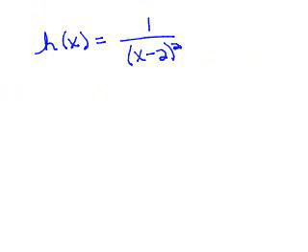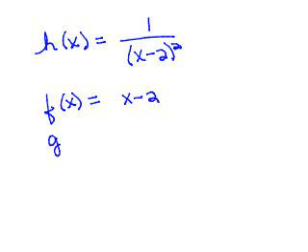So we can, let's say, f of x will be the inside function. Okay? So what I would do first is take a value and subtract 2 from it. And then, after I get that value, I would square it and then divide it into 1. So you see how this is a possibility of those two functions?